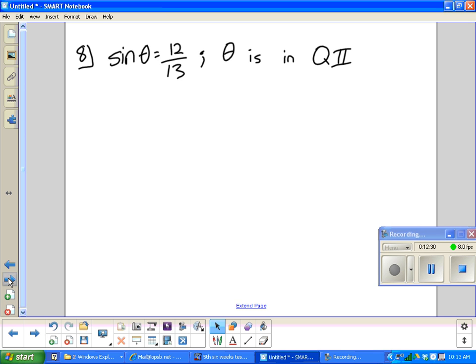It wasn't on the coordinate plane. 527. Yeah, 527. What'd you get for cosine? Did you get 527 over 625? Okay, that's probably where you're making a mistake. Let's look.